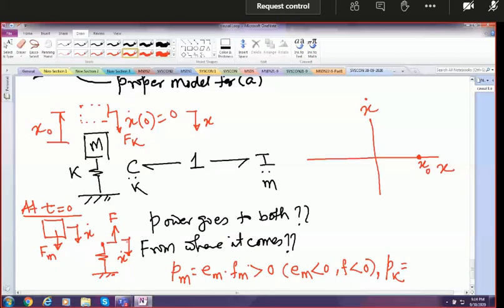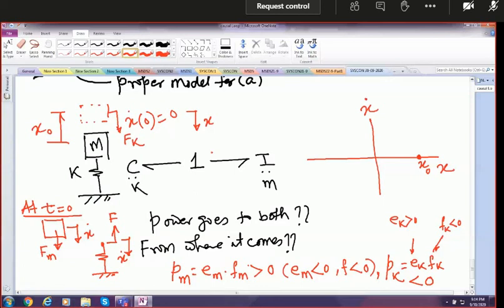EK times FK: here EK is greater than 0 and FK is less than 0, so this is less than 0. So what happens here is basically E dot F is greater than 0 in the mass and E dot F is less than 0 in the spring. So power is going from the spring to the mass.